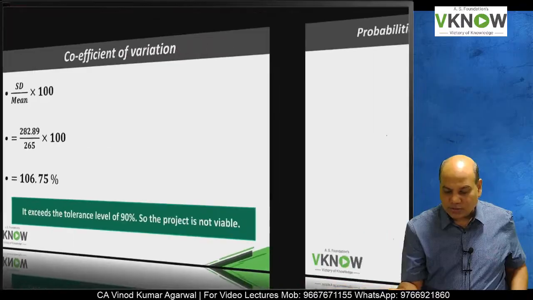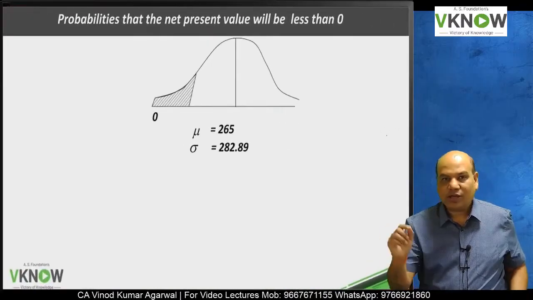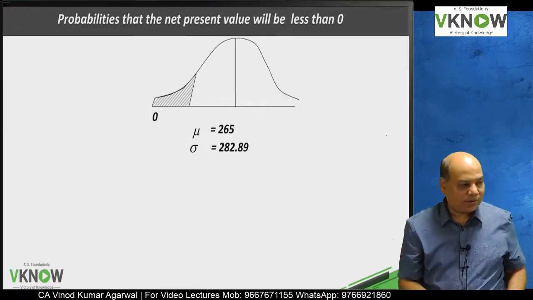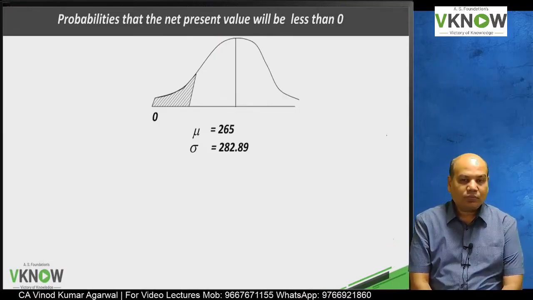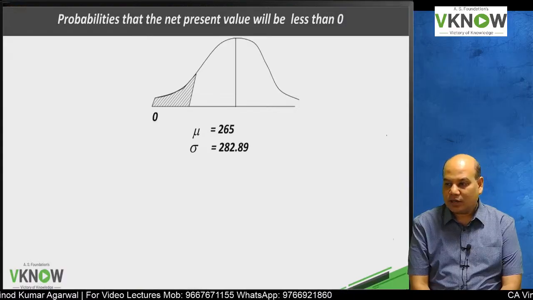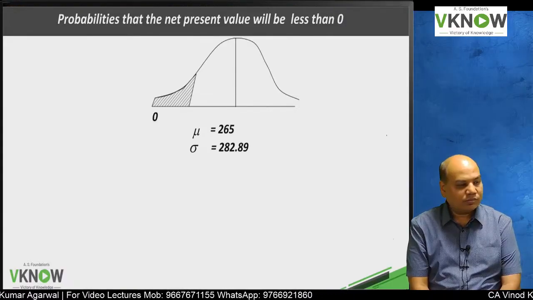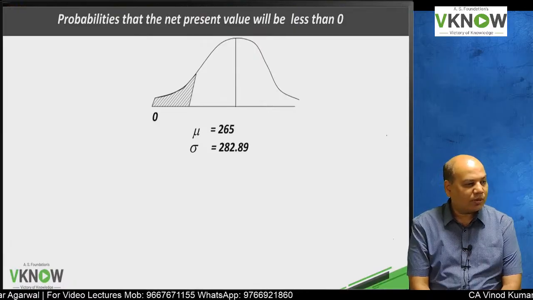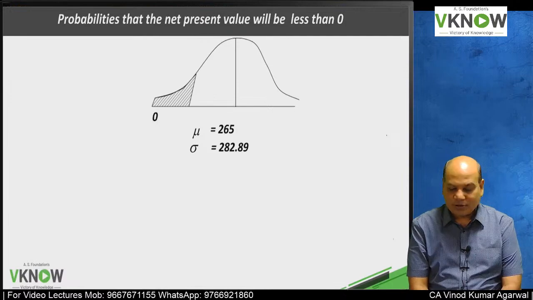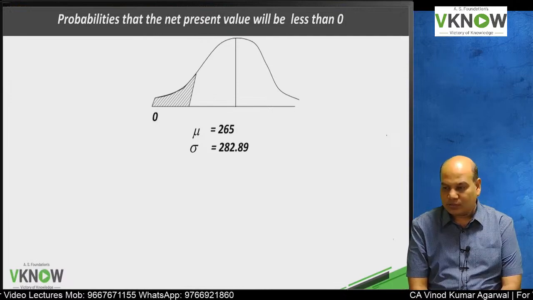So for that, you have to now write down the next line: calculation of probability that NPV will be less than 0. Okay, draw this normal distribution.